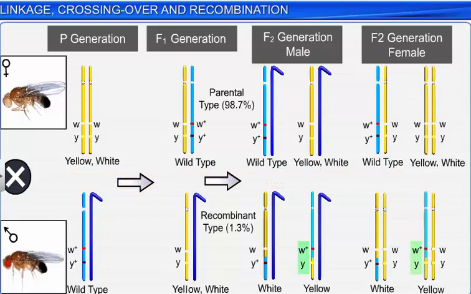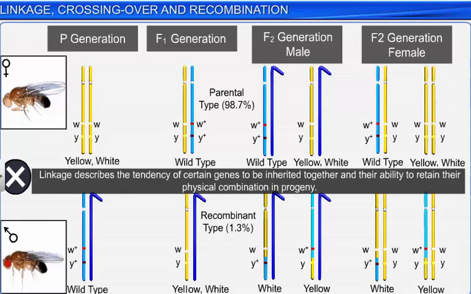Morgan found that this was due to physical association or linkage, which describes the tendency of certain genes to be inherited together and their ability to retain their physical combination in progeny.